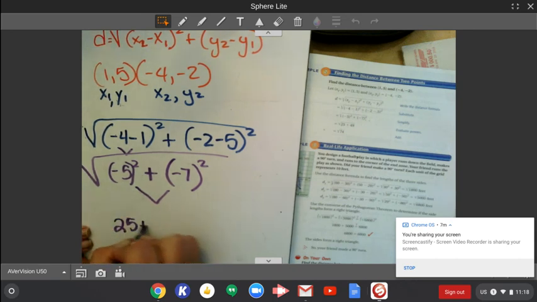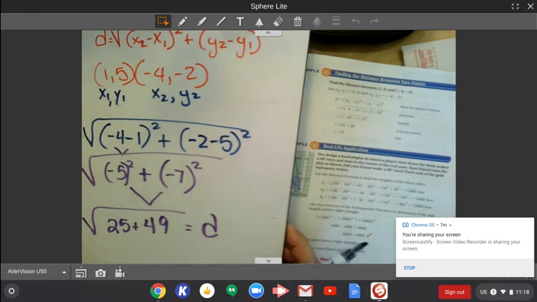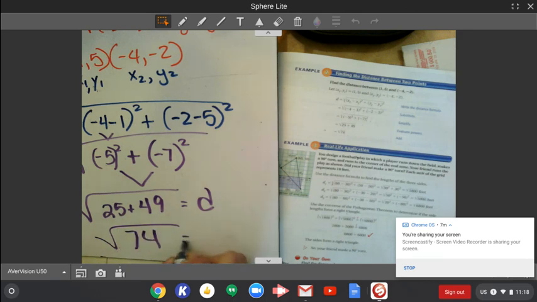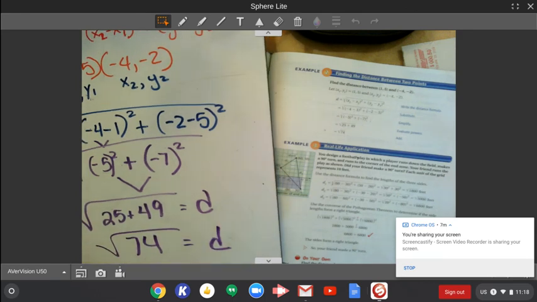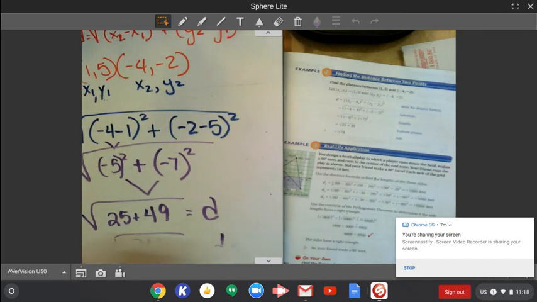So we have 25, plus 49, taking the square root. Okay, that's the distance. So you're going to write equals d. And the last step is just to simplify. 25 plus 49 is 74. Remember, you're going to write your answers as a square root unless it tells you otherwise. I believe every question on the assignment today, you're going to leave the answer like this as a square root. So do that.